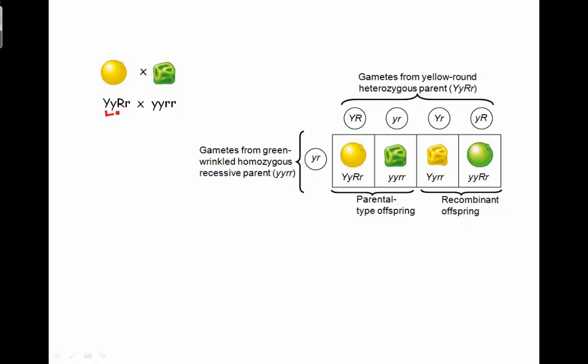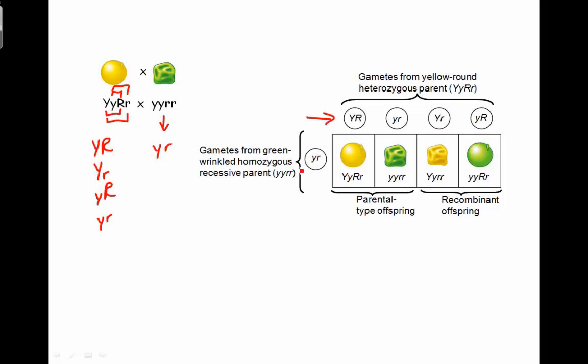So we would get capital Y with capital R, capital Y with lowercase r, little y with big R, and little y with little r. Those are the four possibilities, 25% each, which is why we list them across the top of the Punnett square. From this parent, there's only one possibility, lowercase y, lowercase r, and that's what we put on this side of the Punnett square.